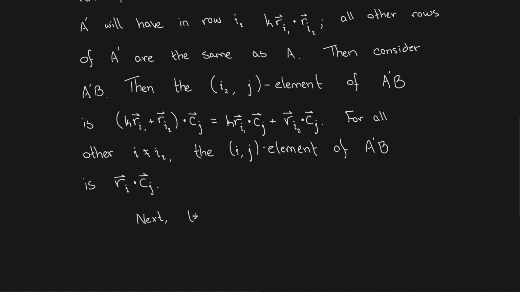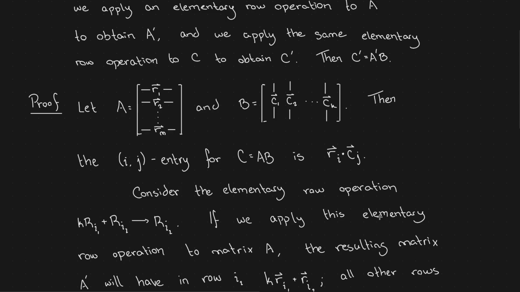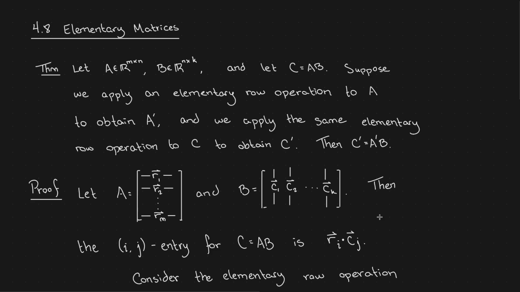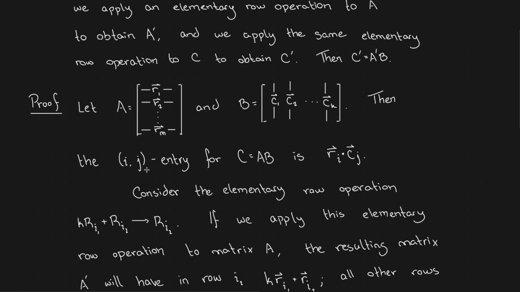Next, let's consider C prime. So remember, C prime is what we get when we apply the elementary row operation to matrix C, our product matrix. And we know each entry of our product matrix is just the dot product of the row of the first matrix, matrix A, with the column of the second.